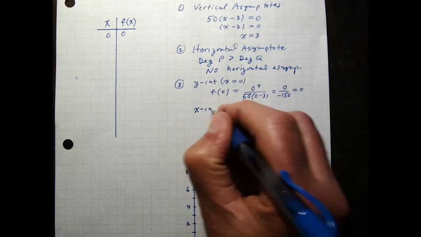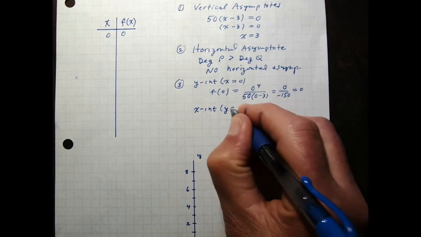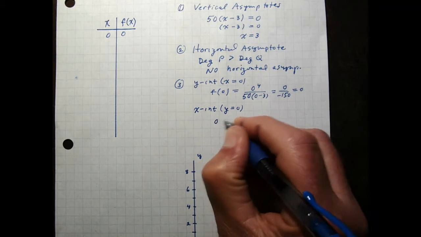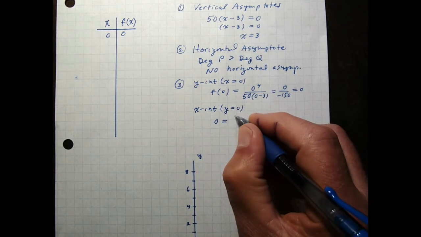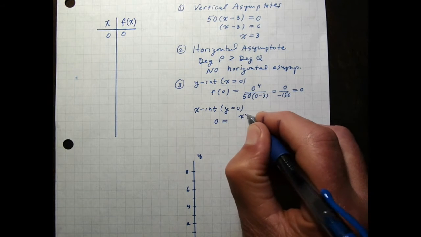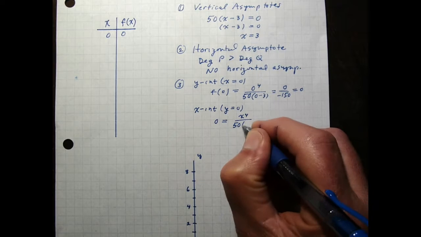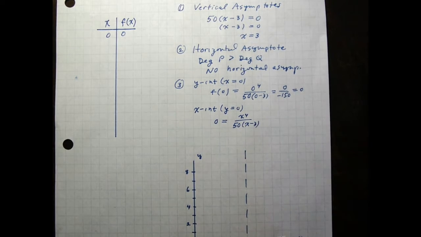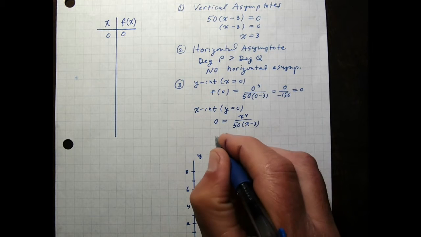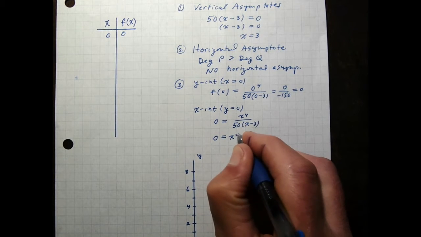Let's see if we have any other x-intercepts here. If I set y, or the function value, the output, equal to 0, then 0 equals x to the fourth over 50 times x minus 3. And the only way a fraction can be equal to 0 is if the numerator is equal to 0.